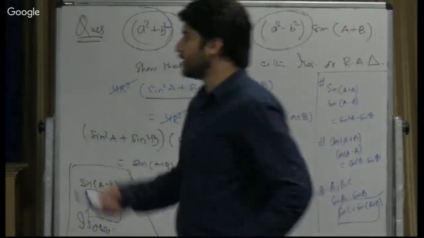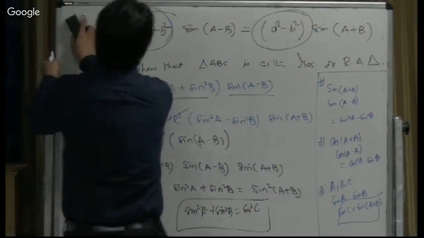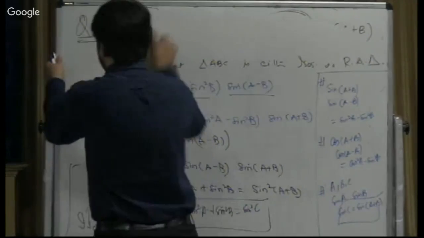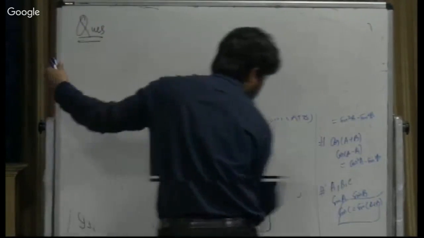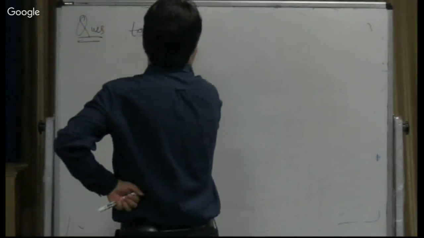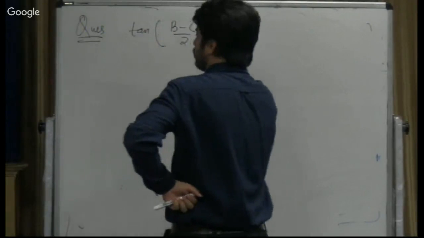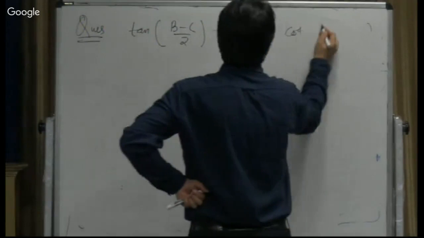Can you come down? Now you see another IIT JEE question. The question says tan of (b minus c) by 2 is equal to (b minus c) upon (b plus c) into cot a by 2.